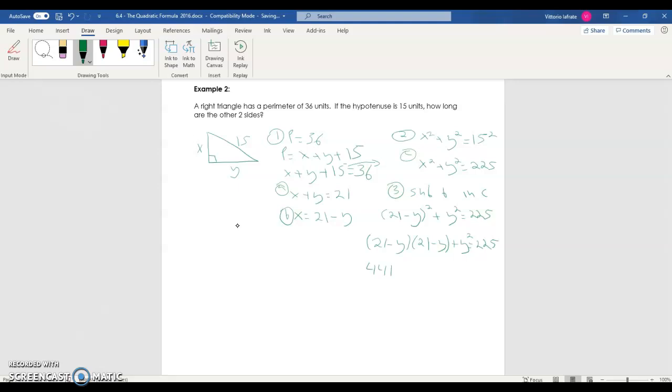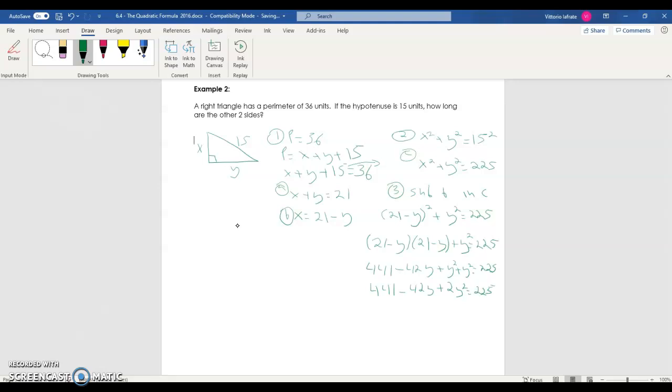Then we have minus 42y, because you have minus 21, so minus 42y. And then minus y times minus y is plus y squared, plus the y squared that's on the outside there is equal to 225. And so now we get 441 minus 42y plus 2y squared is equal to 225.